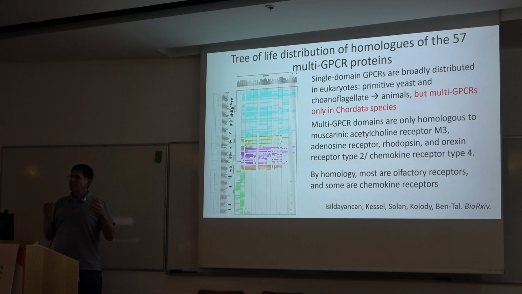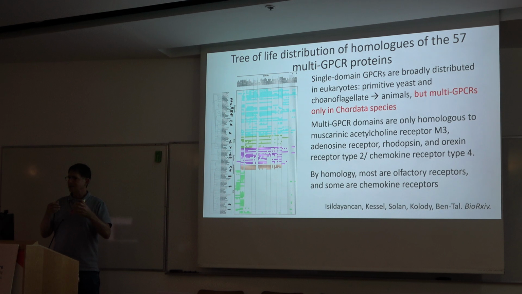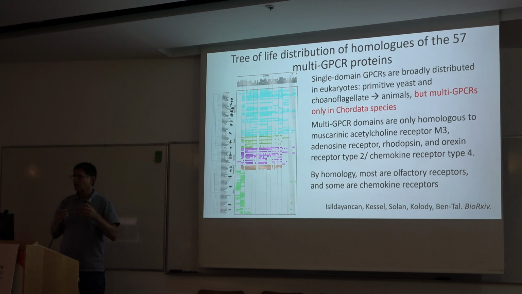And if you have a multi-GPCR made of two or more GPCRs, then maybe one is sensitive to one molecule and the other to the other molecule, and then they signal accordingly, collectively, or they don't signal if those two molecules are there.